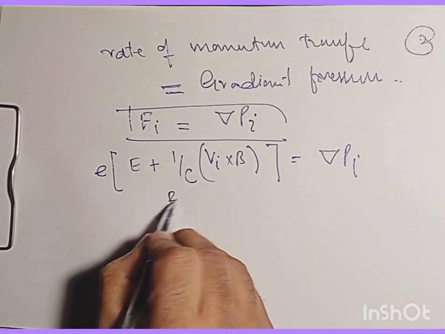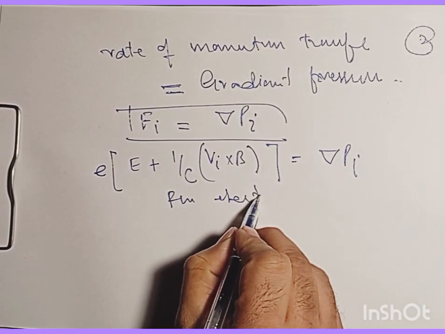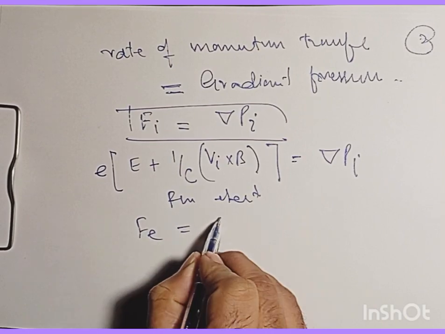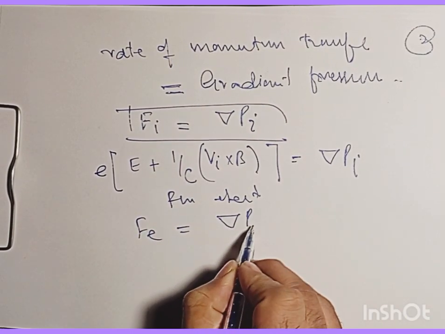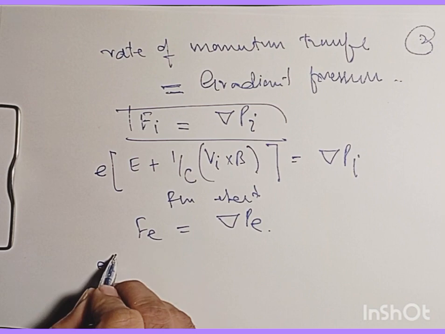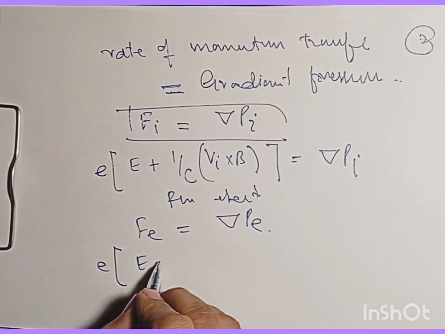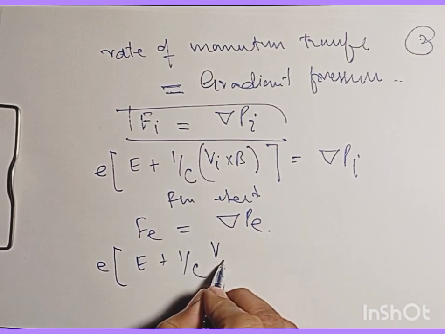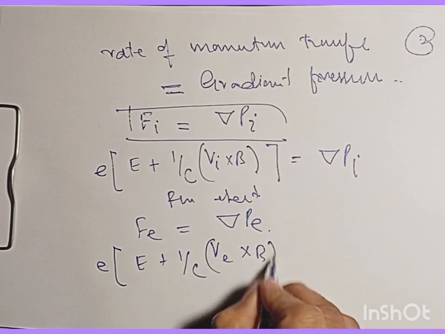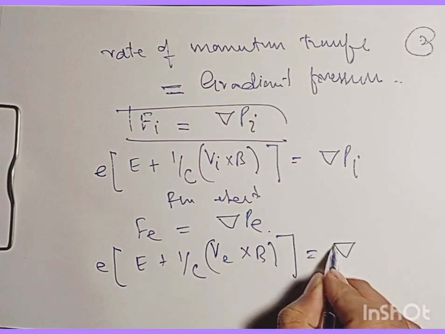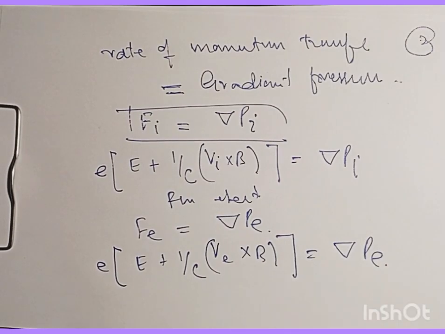And for electrons, F electrons should be equal to the pressure gradient. So here we will have e times E plus 1 by c v electron cross magnetic field equal to del p electron.